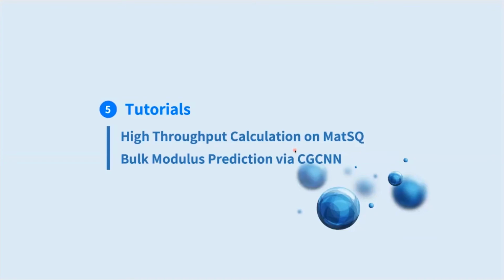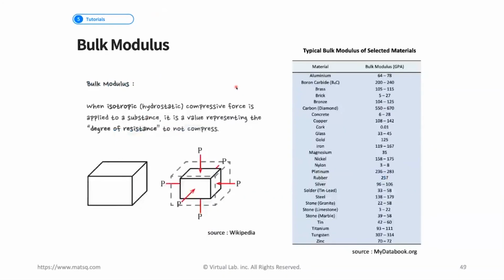All right, this part is the tutorial session. I'm going to explain a little bit about the bulk modulus and how to calculate it. Today we are going to perform two things. First is a high throughput calculation to calculate the bulk modulus.